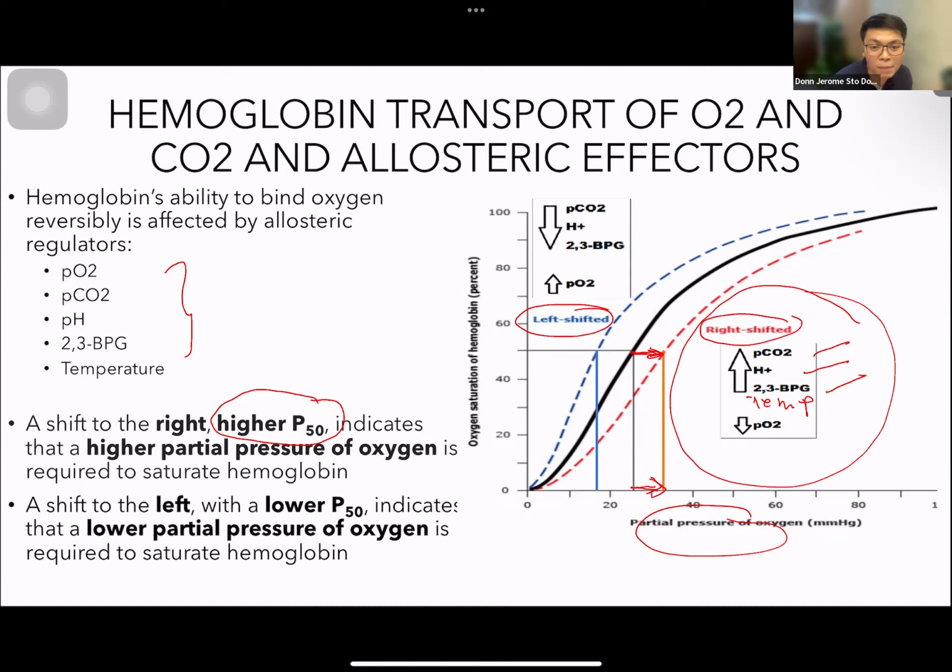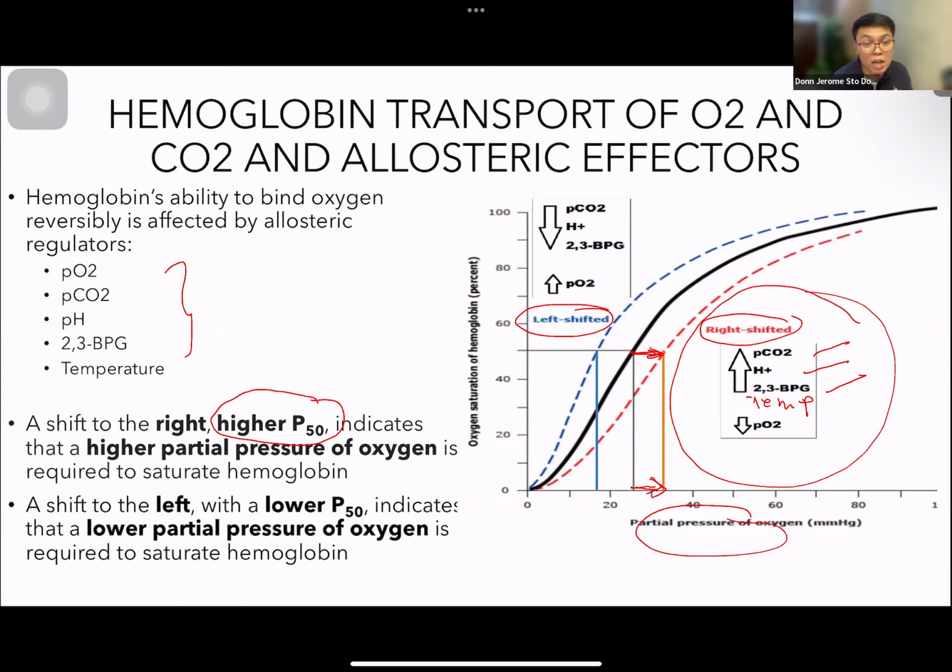No. Oxygen does not want to bind. So if oxygen would not bind, what would it do instead? It will release oxygen. So yes, it's beneficial for them. If you have low oxygen affinity, then the hemoglobin would release its oxygen content.